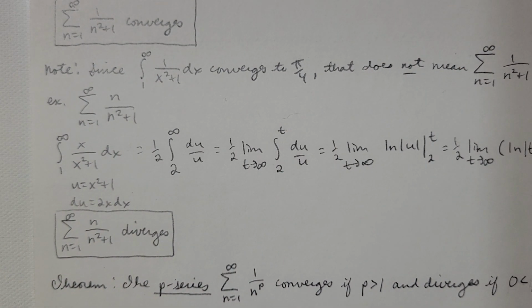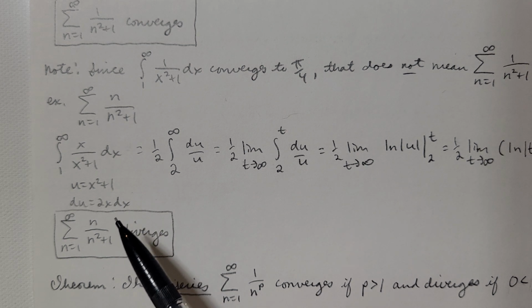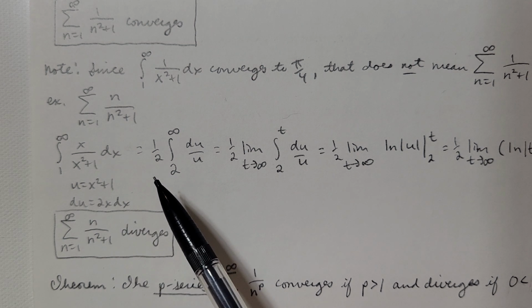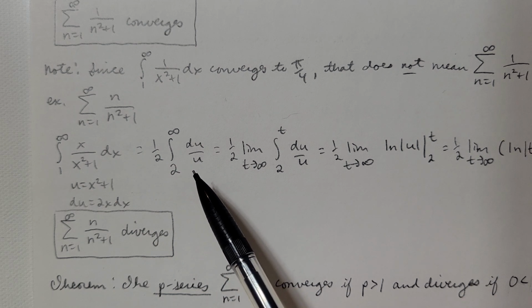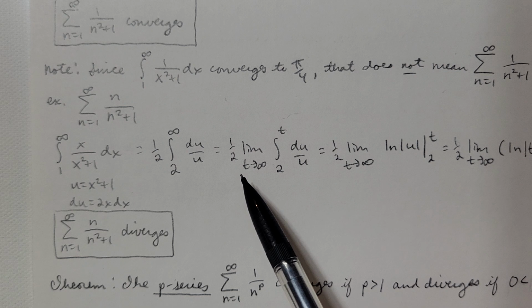We've got the integral going from 1 to infinity of x divided by x squared plus 1 dx. And that's a u substitution problem. If I let u be the denominator, x squared plus 1, du is 2x dx, so 1/2 would come out of the new integral involving u. Now I need to use the limit definition here.